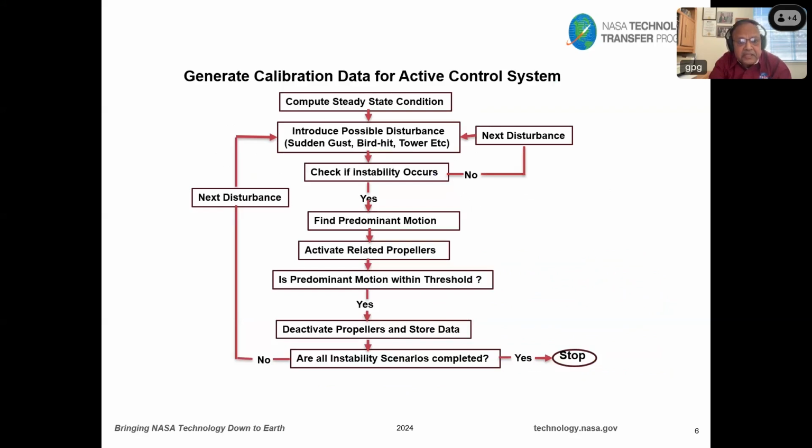As I said, this whole approach is to create a database to use for designing the active control system. And this is a flow chart. I'm not going to go into details.